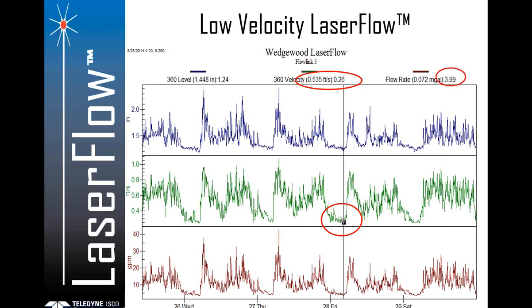The spec on the laser flow, we like to see minimum flows of at least a half a foot per second, but we've seen a lot of good data down around 0.25 or 0.26, and in this case flow rates as low as 3.99 gallons per minute.